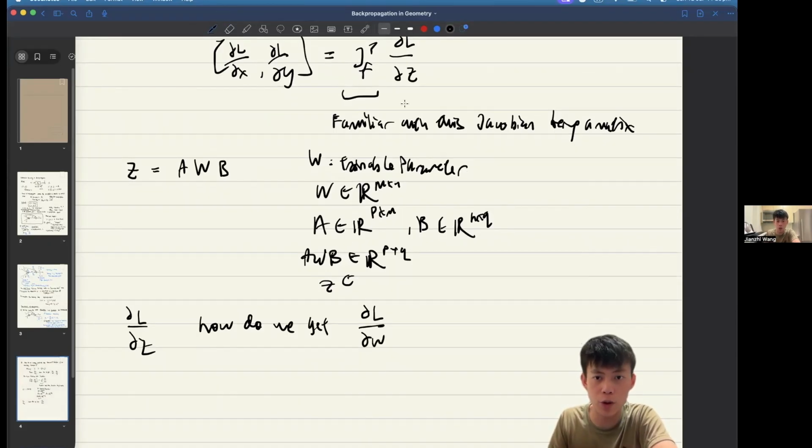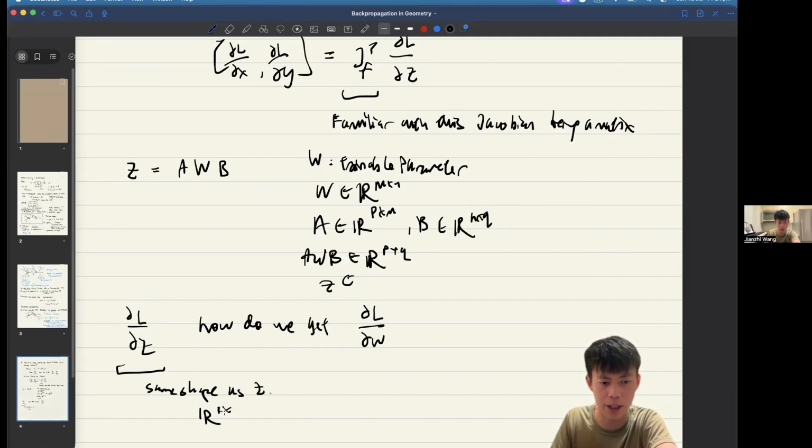For those of you who are familiar with this Jacobian transposed, you will think that all this involves is just multiplying this by a matrix. But partial L partial Z, if we look at it from the shape of a gradient, should have exactly the same shape as Z. So this should have shape R^(p by q).